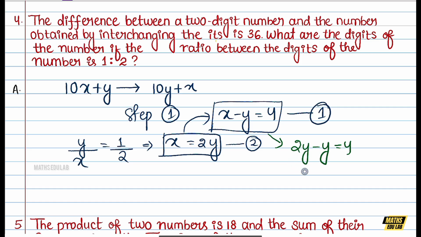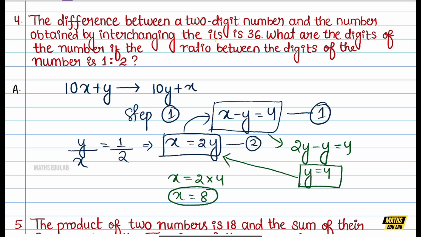Then y is equal to 4. So we got the value of y as 4. Just substitute this value here and we get x is equal to 2 into 4, so x is equal to 8. So this is the answer of the given question. So these two are the answers.